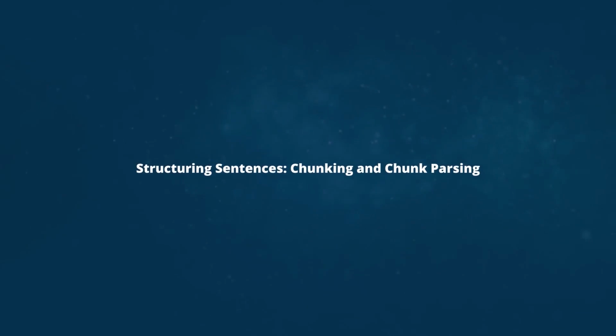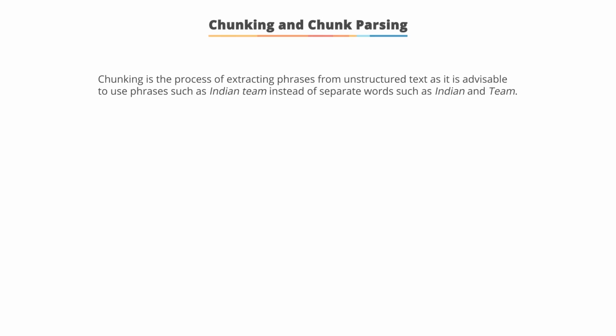Structuring sentences, chunking and chunk parsing. The process of extraction of phrases from unstructured text is called chunking. Instead of using just simple tokens, which may not represent the actual meaning of the text, it is advisable to use phrases such as Indian team as a single word instead of Indian and team as separate words.